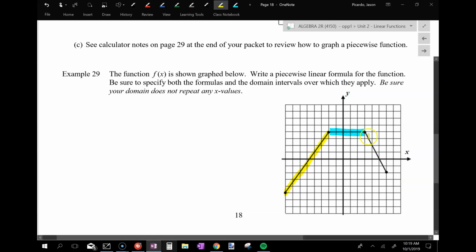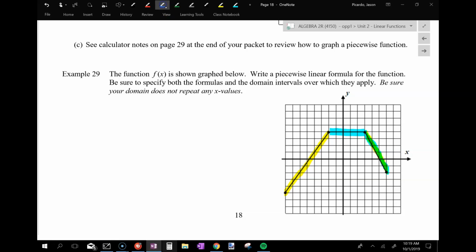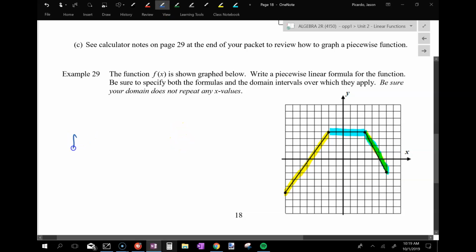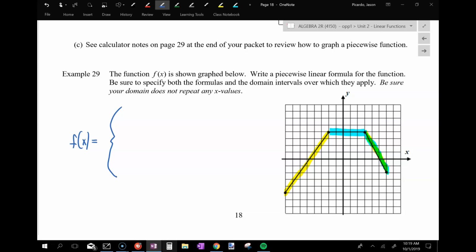And then there's this piece that'll be green in a second. So there's your 3 pieces. So I'm going to create my function with 3 pieces. And do you know what I'm going to do first, guys? I'm going to figure out the domain, okay?